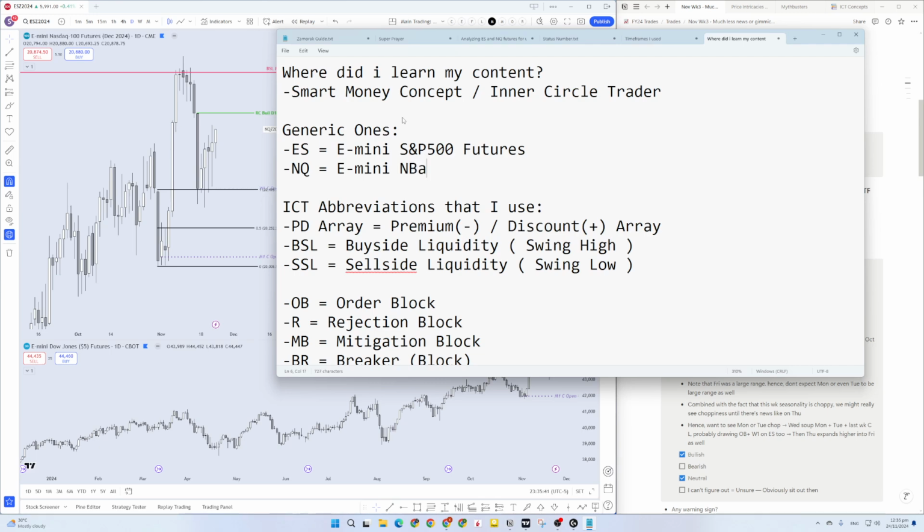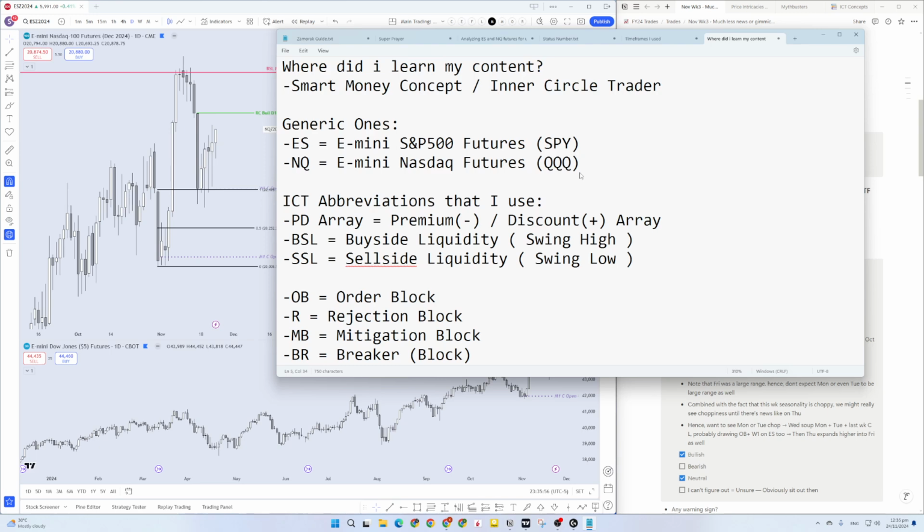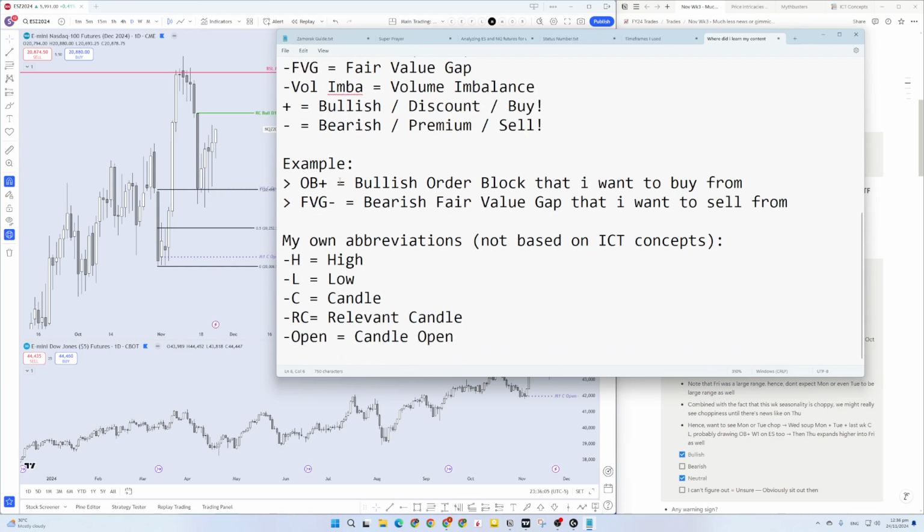I think so. I probably am wrong about this, but basically this is your QQQ. This is QQQ. This is SPY. That's how I see it. So if people ask me, hey, how is SPY doing, how is QQQ doing, I actually have no idea, because I always just look at the futures. So with all this, I think you should be able to understand what I write on my chart moving forward.